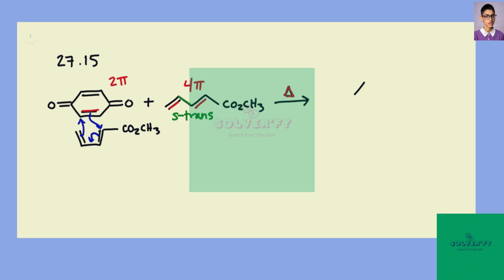And if we follow our arrows, then we can draw our product. And we see we formed a new 6-membered ring, which is what we expect from a 4+2 cycloaddition. By forming this ring, we've also formed 3 new stereocenters, which I'll indicate here, here, and here.